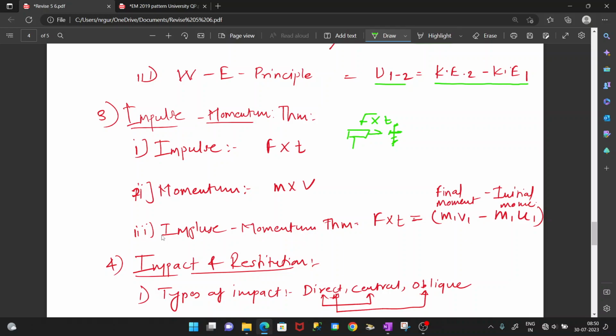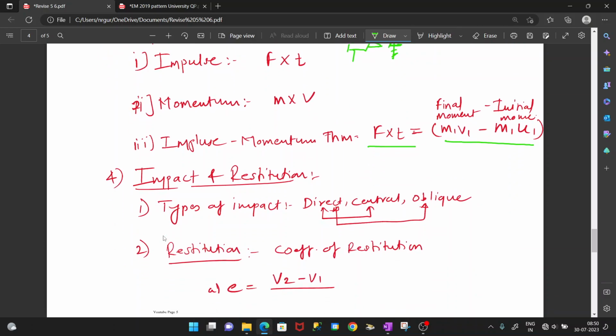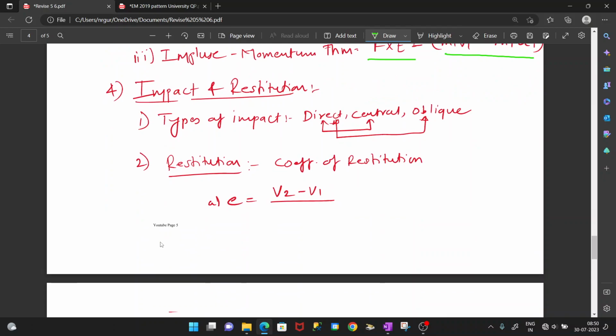Similarly, as with the work energy principle, what is the impulse momentum theorem? Impulse is always equal to what? Change in momentum, that is final momentum minus initial momentum. Getting it? Now, along with impulse momentum, we have impact. There are some types of impact: direct impact, central impact, oblique impact.